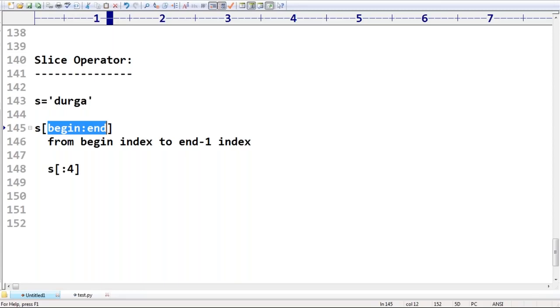Two arguments. What is the first argument? Begin. Second argument is end. What is the default value for begin? 0. What is the default value for end? Last, the end of the string.